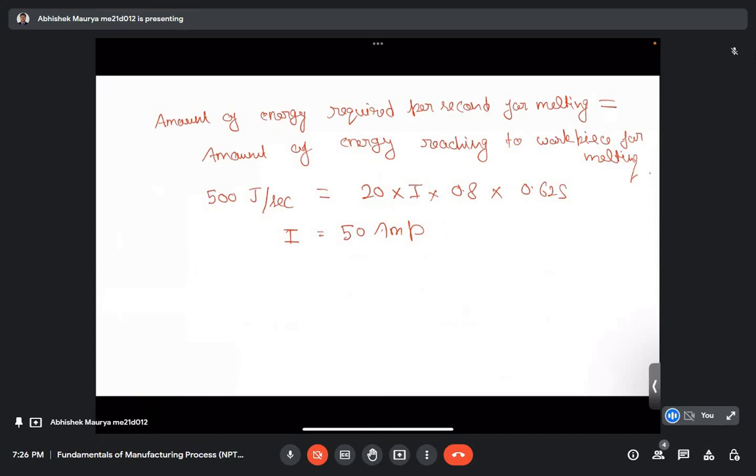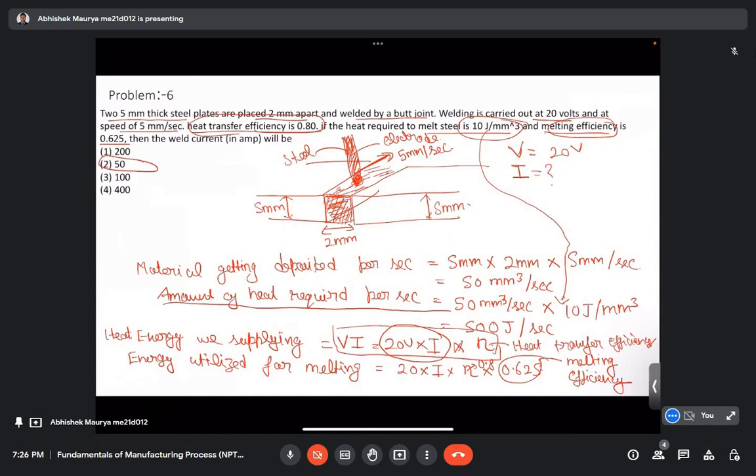So I have explained the solution of this problem. If there is any doubt, please ask me. Otherwise, we shall move to the next question.